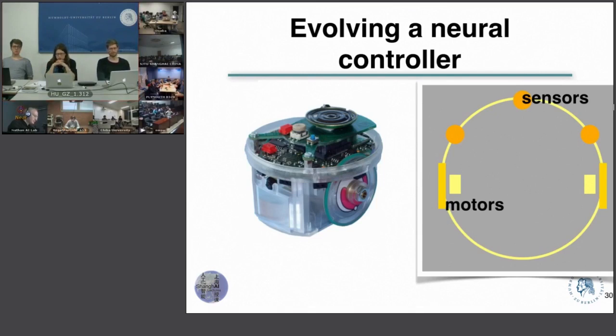And what we want evolution to do here is to only evolve the connection values between the motors and the sensors. Of course, in the embodied approach, we will later see that we are not restricted to just evolving these weights, but we also want to evolve the whole morphology of the agent and growth processes and other things.